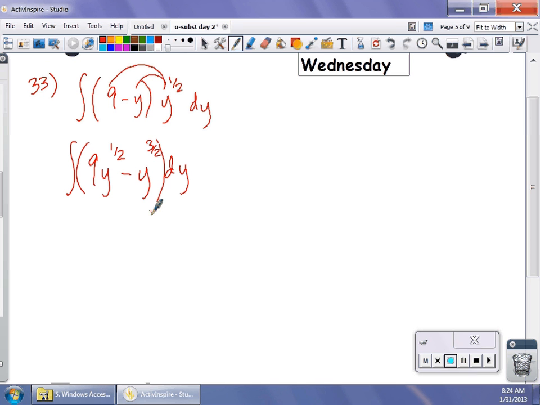Let's take a look at number 25. That one looks kind of interesting. I know I'm kind of skipping around here, but I'm just looking at the problems and seeing what you might run into. I have 1 plus 1 over t, I'm going to write it as the problem originally had it, multiplied by 1 over t squared.